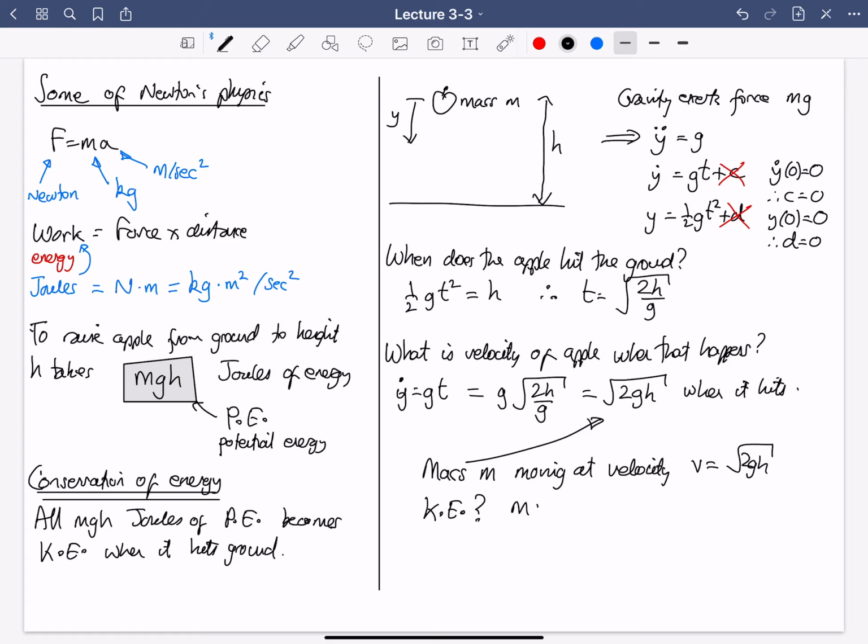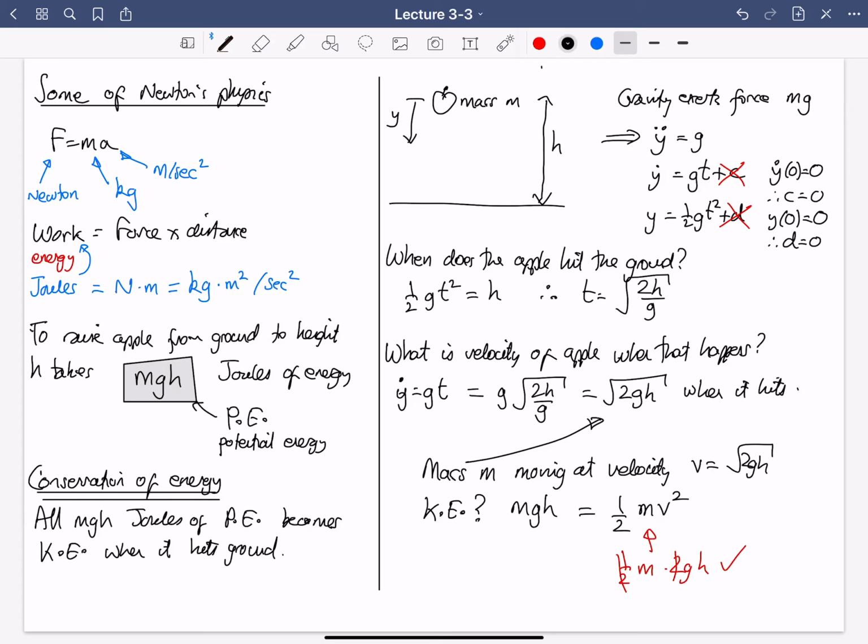Well, it must have mgh joules of kinetic energy, because that's all the potential energy converted into kinetic energy. So kinetic energy is to do with mass and velocity. So how can we get mgh from the mass and the velocity? Well, that's a half mv squared, because if you plug in, so there's the half, there's the m, if you plug in the value of v, root 2gh, you need v squared. That's 2gh. Oh yeah, that's 2gh. So that's the formula.